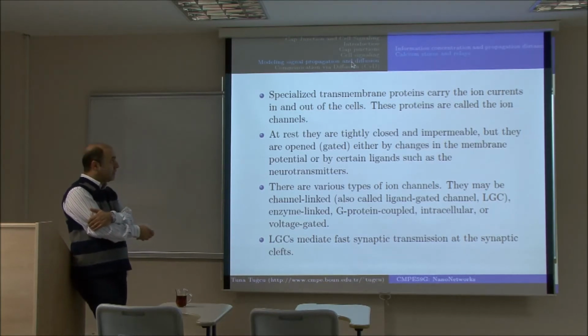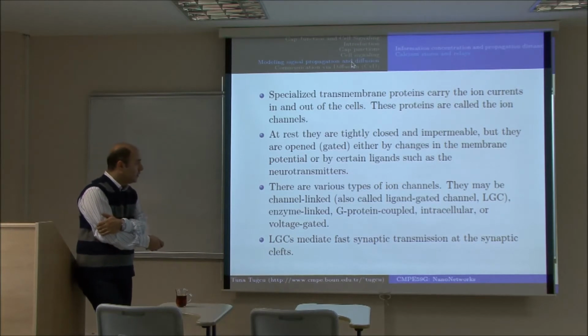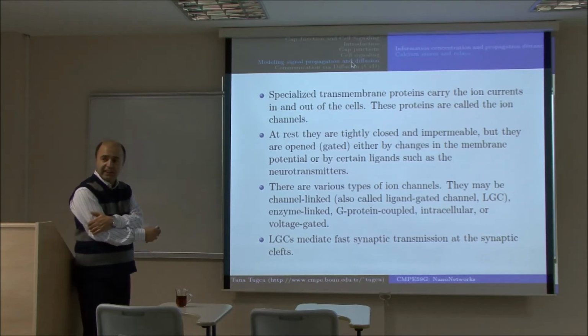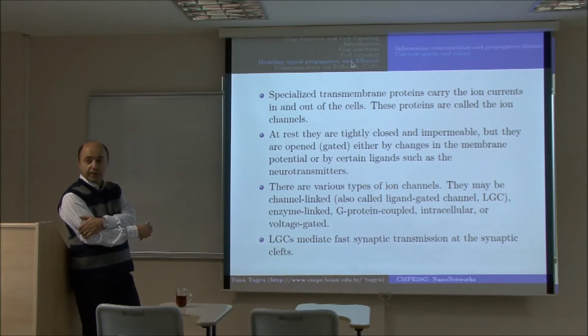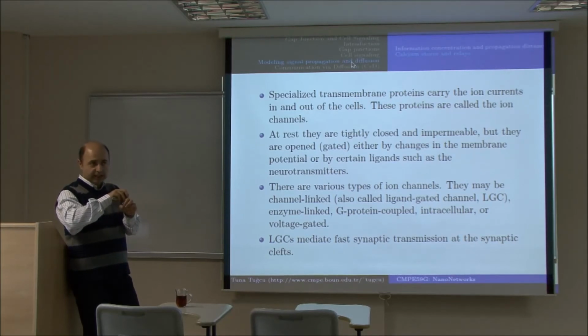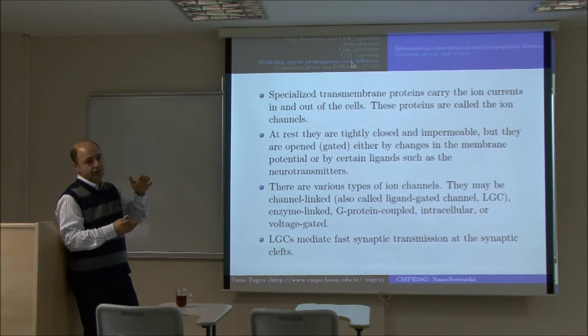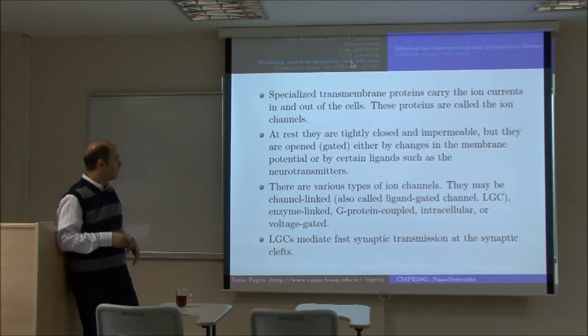However, when you cause these channels to open, either by changes in the membrane potential or by certain ligands, we'll see the figure about this. A ligand will, for example, stick to the channel, and this will cause the channel to open. When this happens, the calcium will flow from higher concentration, the extracellular environment, to the lower concentration, the cytosol.